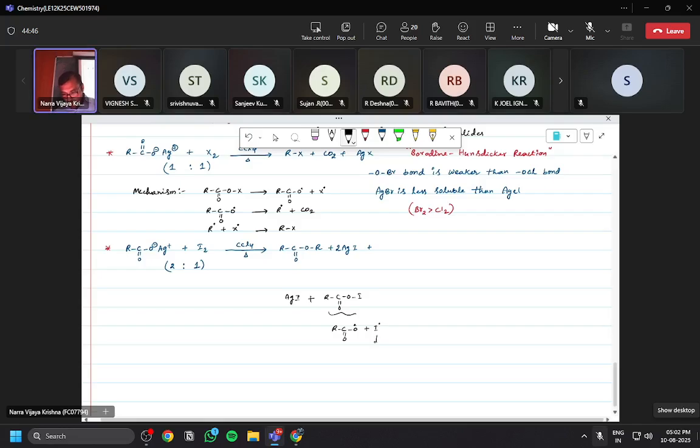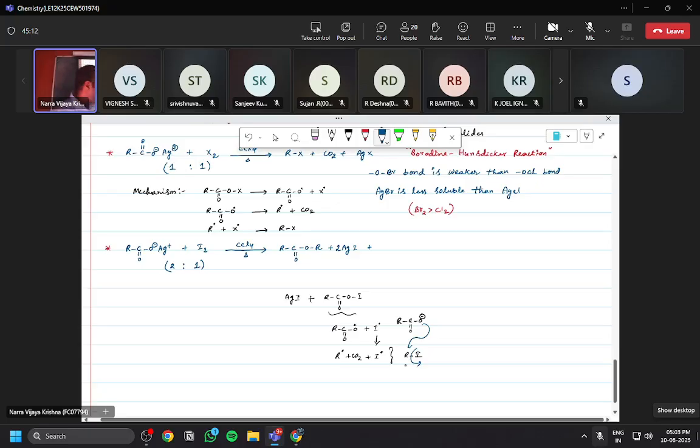This will combine with R radical to form RI. R radical plus I radical will form RI, CO2 is gone. Correct or not? Now, another RCOO minus will attack over it. Second, we have taken 2 moles.